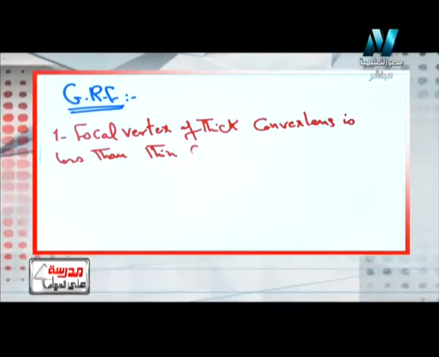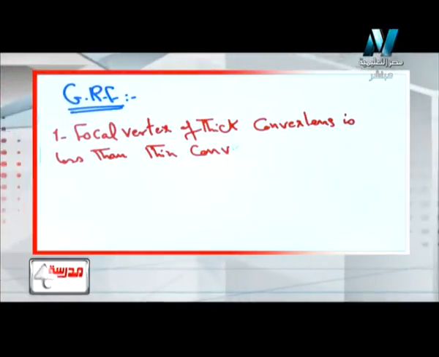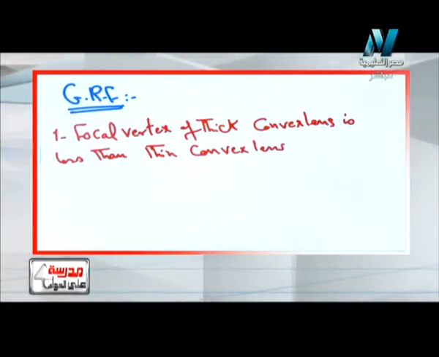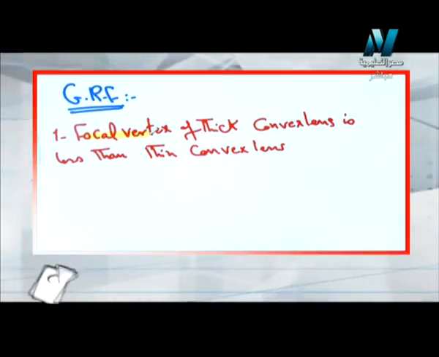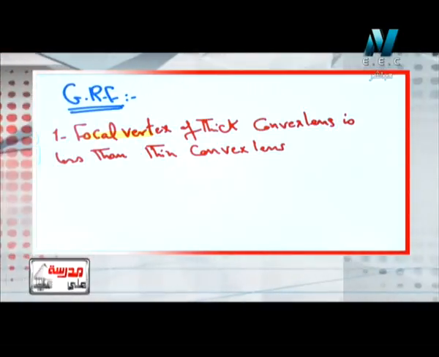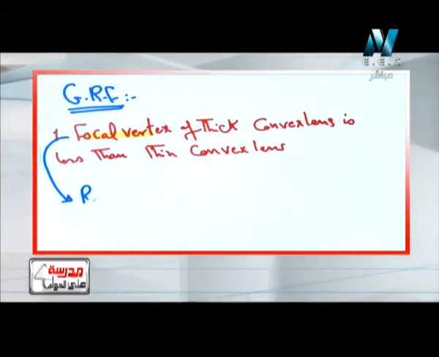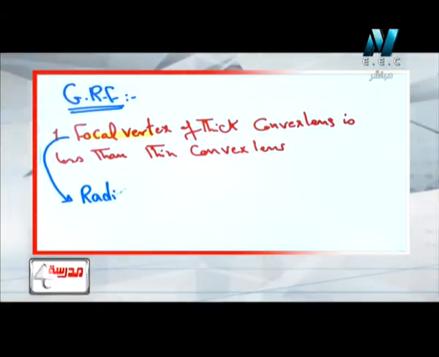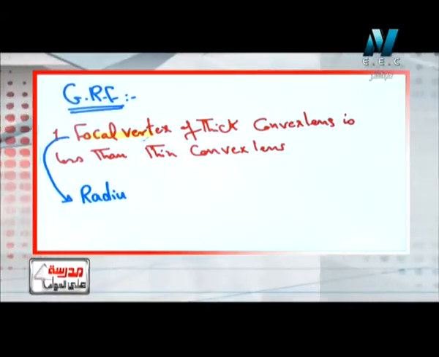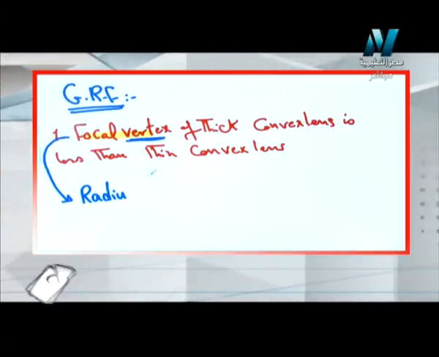Okay, here we have a convex lens. We talk about the focal length, so we replace it with the radius. We know the radius of curvature is double the focal length.